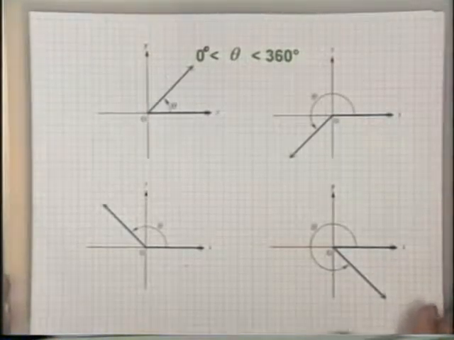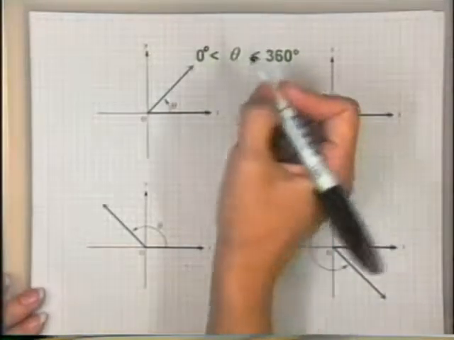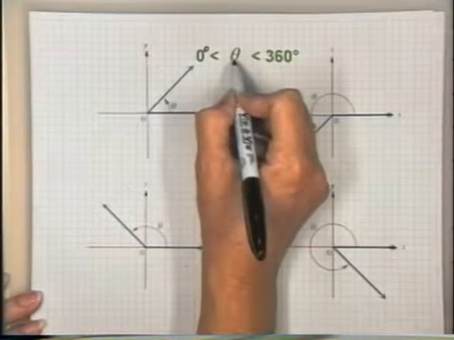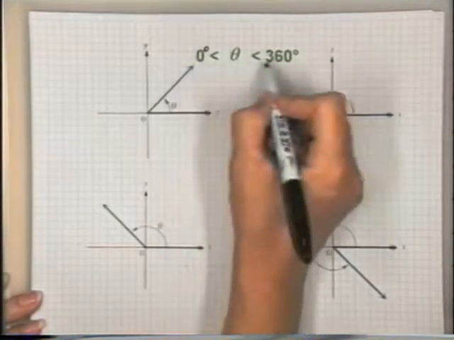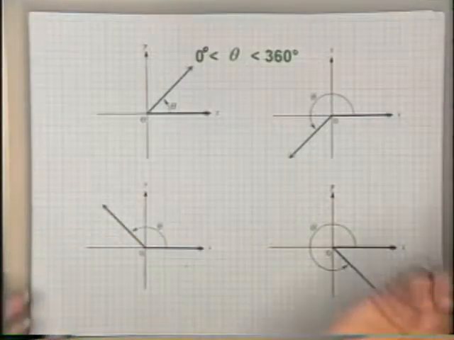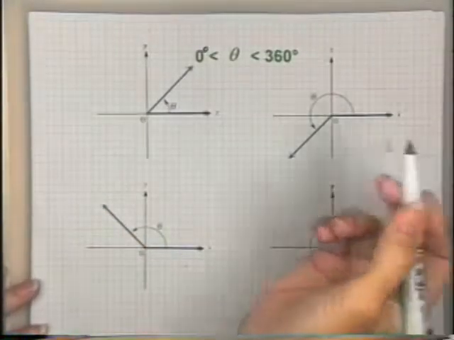Notice as we begin that we're talking about angles theta in standard position between 0 degrees and 360 degrees. So, of course, those would be positive angles.